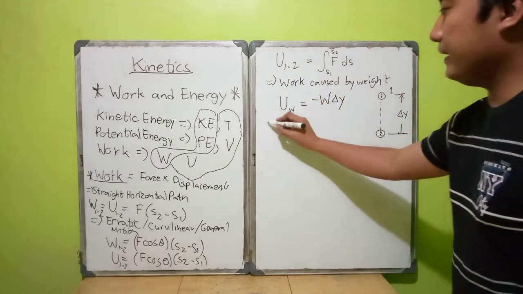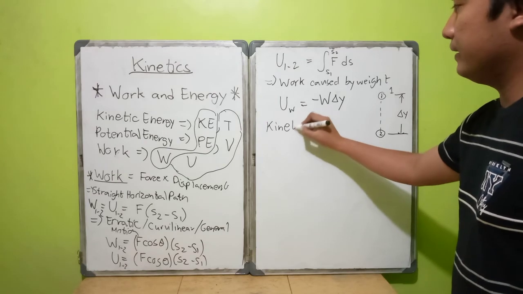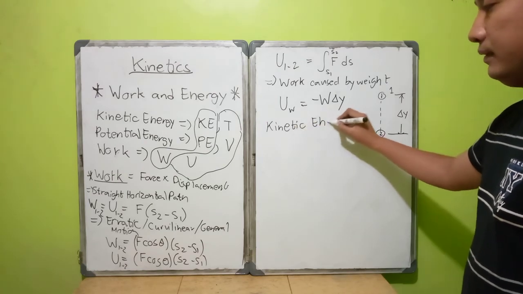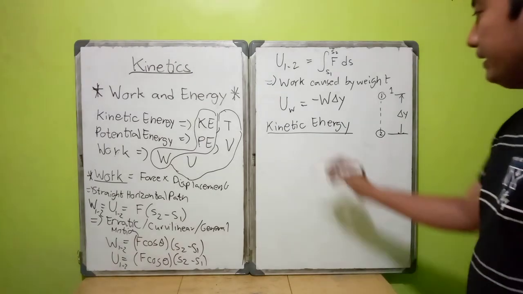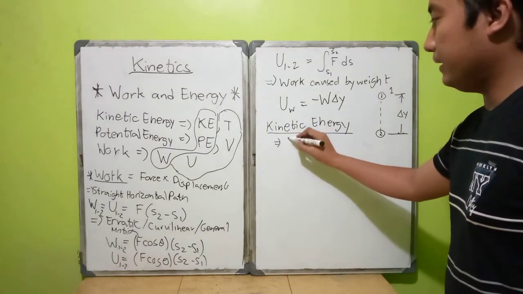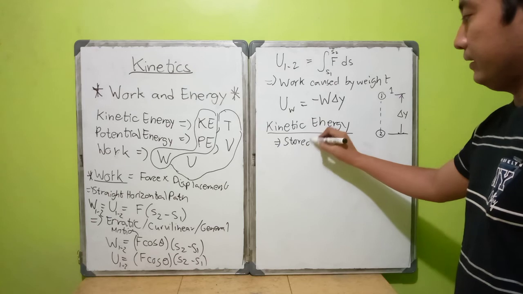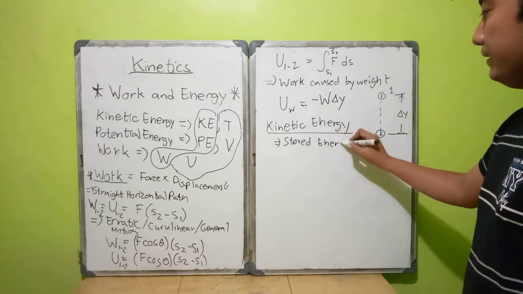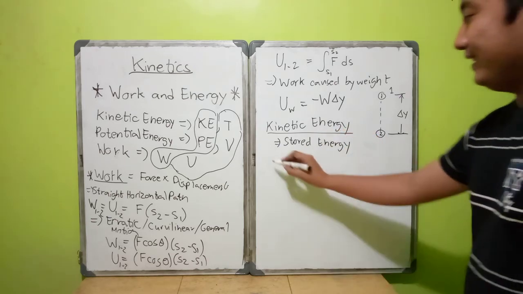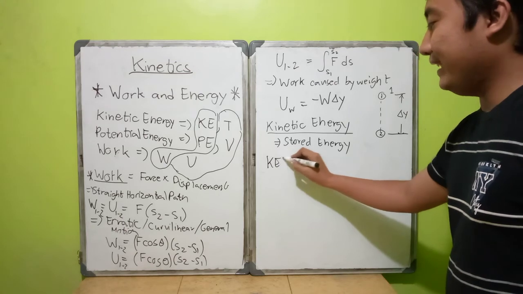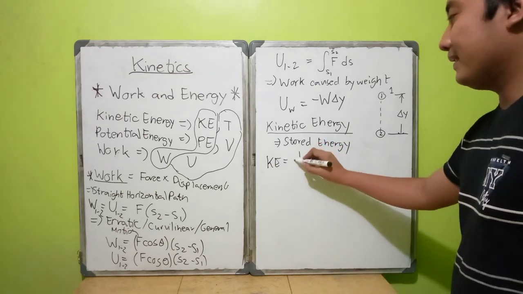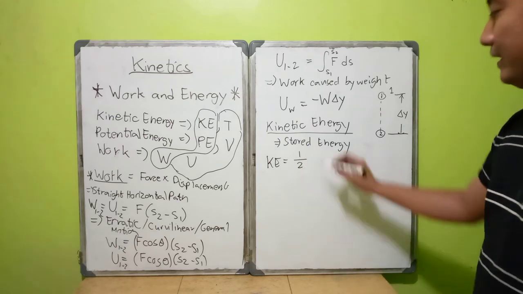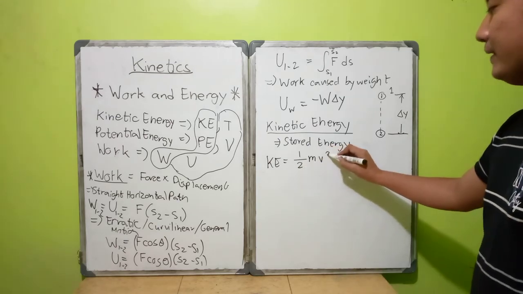Now, for kinetic energy. When we say kinetic energy, we denote it as stored energy, and we can denote it as Ke. It is equivalent to 1/2 mass times velocity squared.